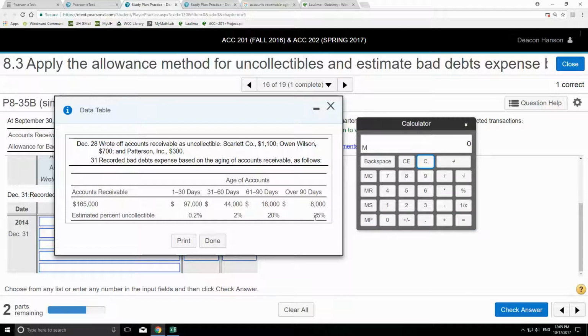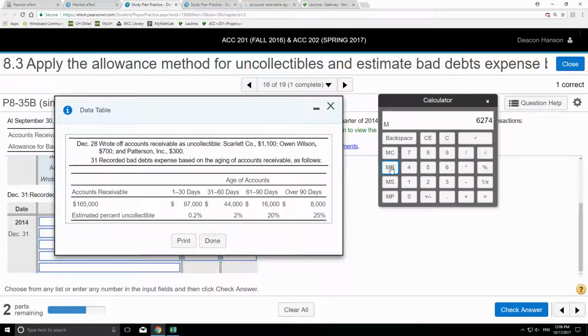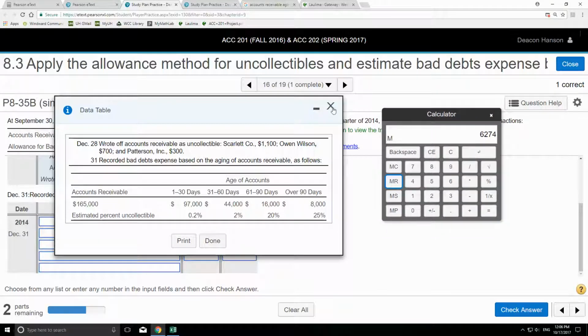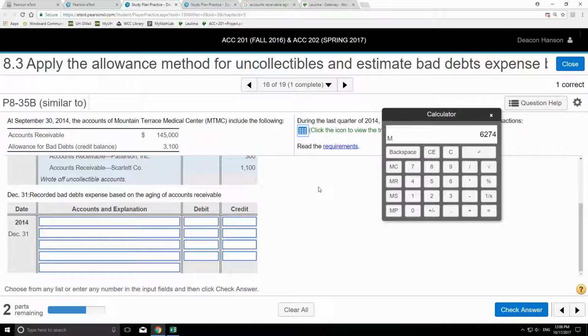And then I got 25% of 8,000. So what is that? 2,000? 8,000 times 0.25. Okay, put that into memory. Okay, now we'll do a memory recall. What it's saying here is that our allowance balance should be 6,274. That's what we want our allowance balance to be.